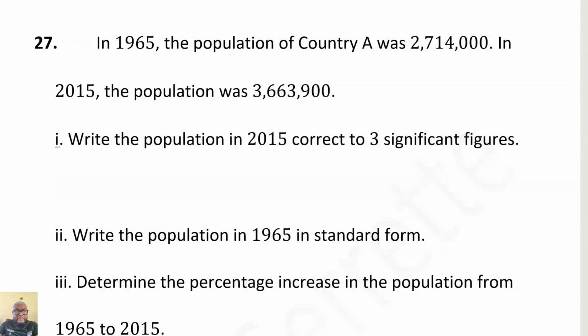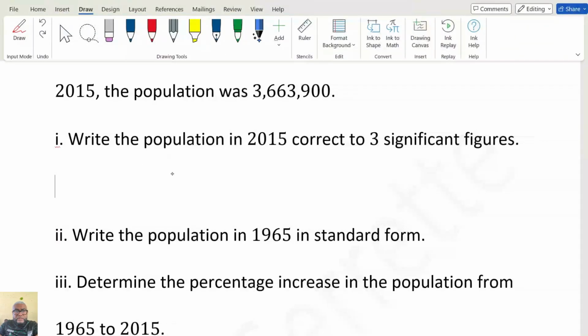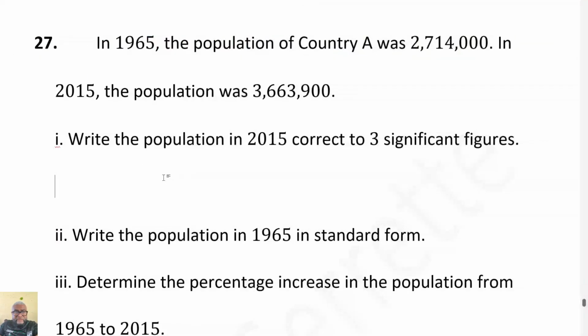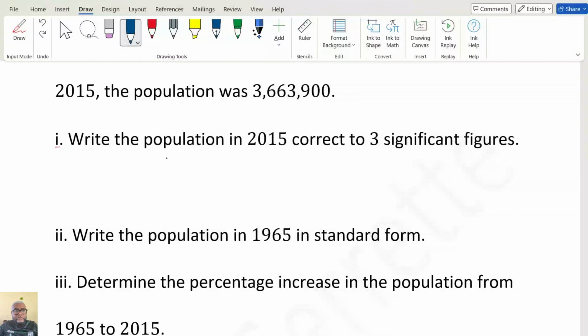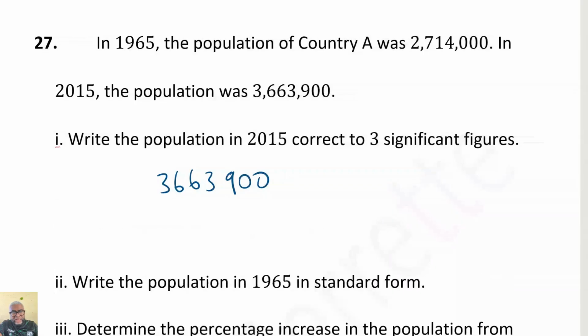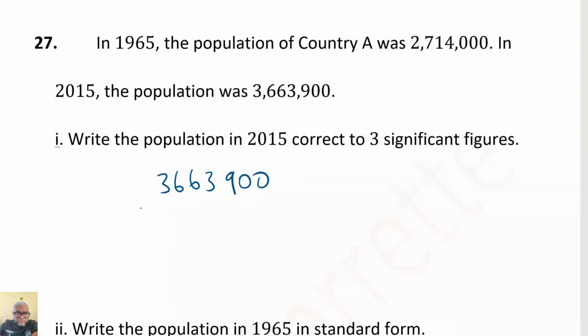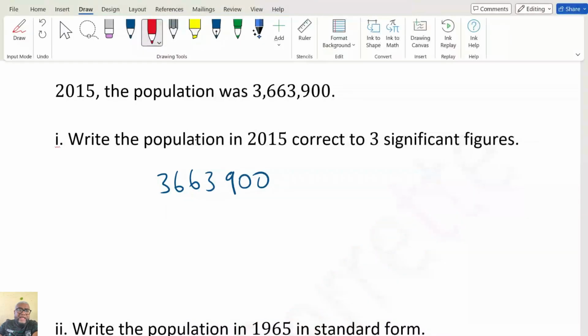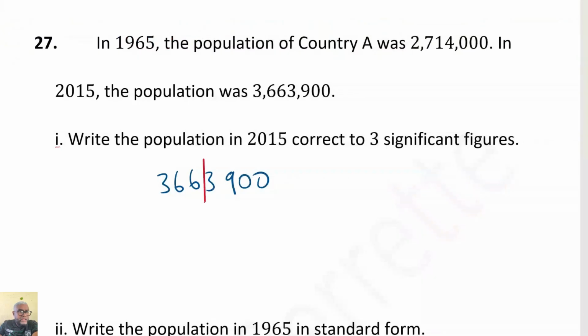Let me write it here. You're doing it for 2015, so it'll be 3,663,900. Which number is the first significant figure again? So my third significant figure will be here, and I'm going to have what I call the cut-off, right?